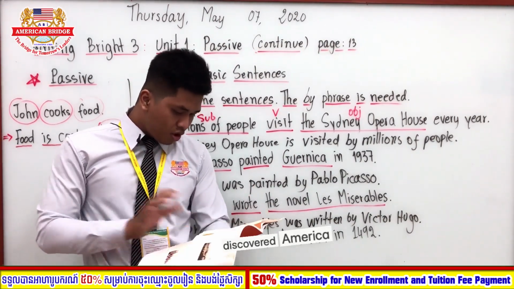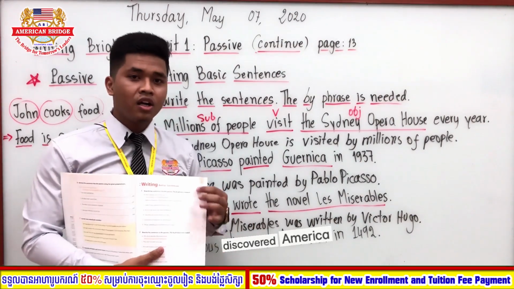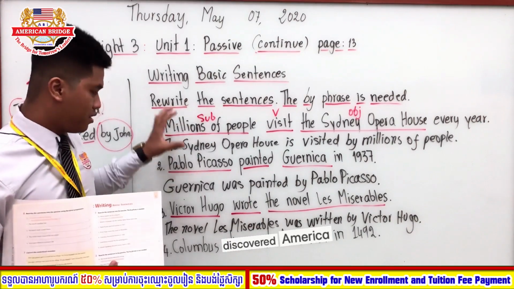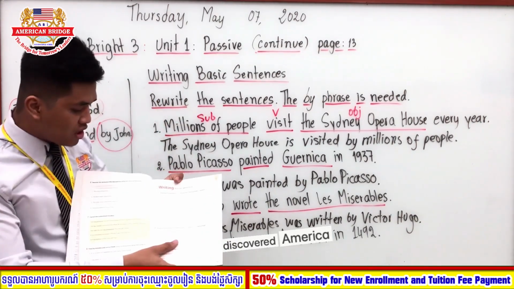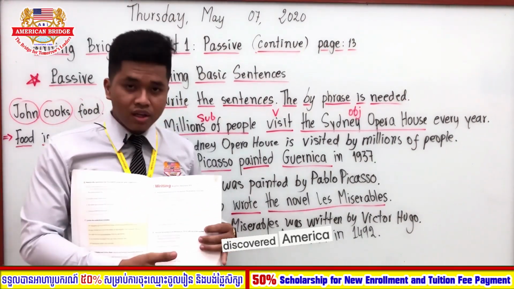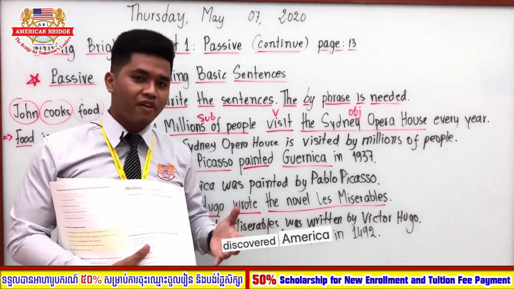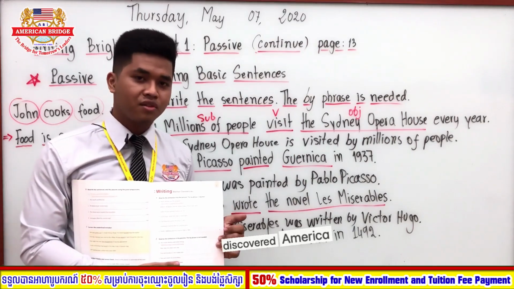In your book on page 13, there are two main exercises. In the first exercise, I have done three sentences for you, and you still have two more to do. The second one is similar to this one, but you don't need to use the by phrase, which means you don't need to include the agent in your passive sentence.